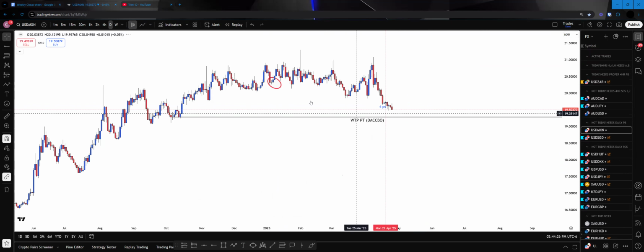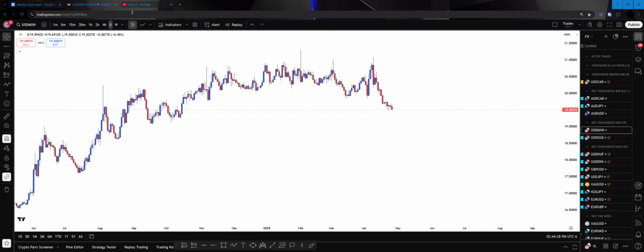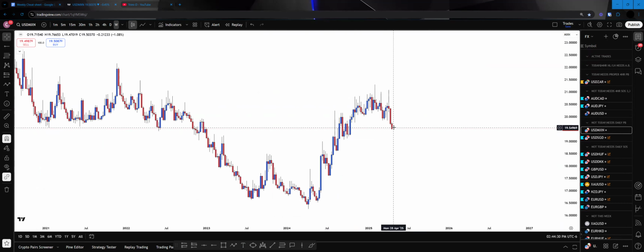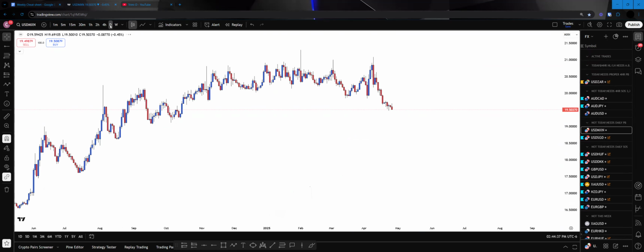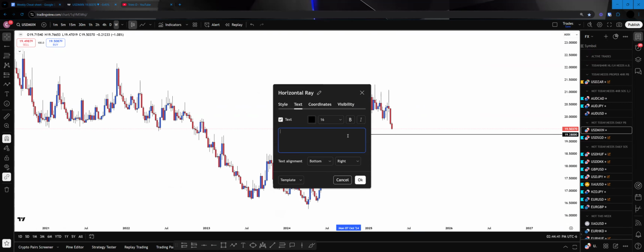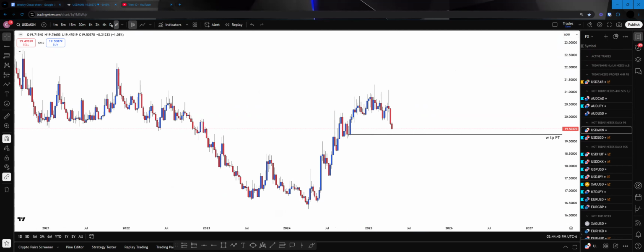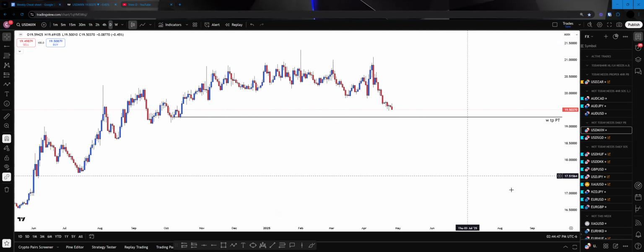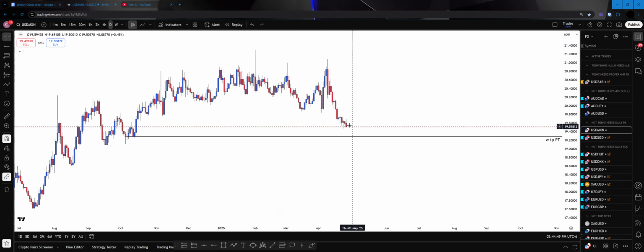We already did USD SGD. MXN, weekly bearish. What's the daily saying? Daily's also bearish. What did the daily look like? Okay, it's not the prettiest. We basically just need a proper daily pullback.